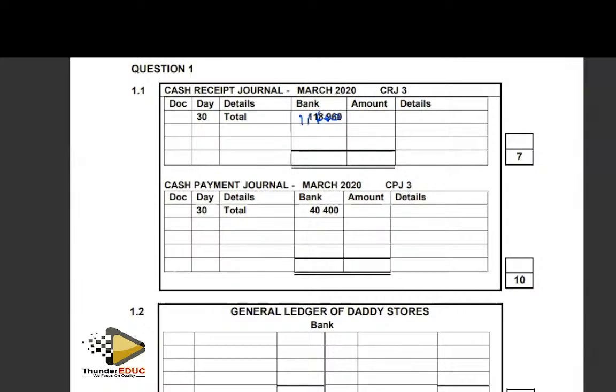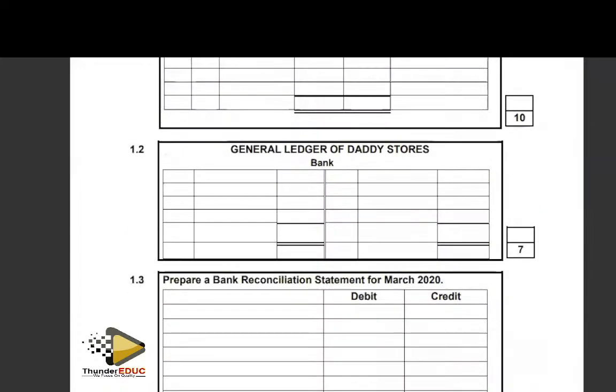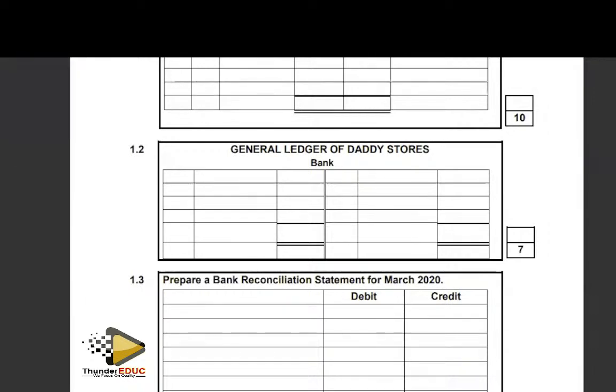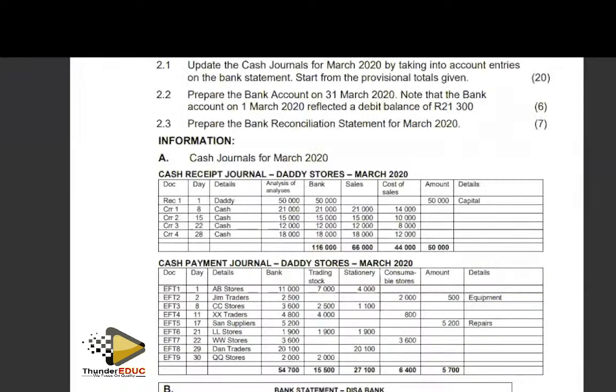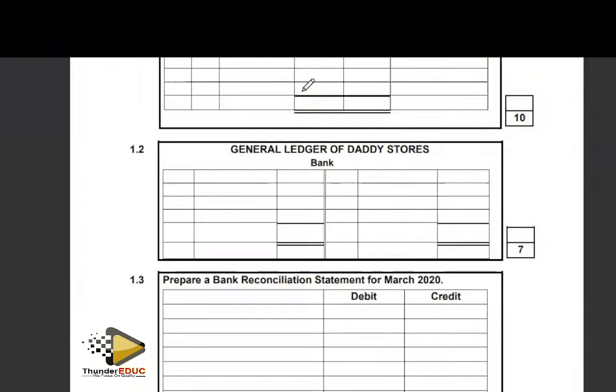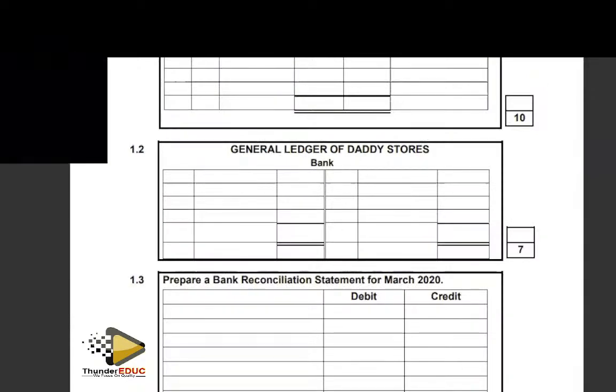Then the cash payments journal, the total is supposed to be not 40,000, it's supposed to be 54,700. Those are the totals we are supposed to use.